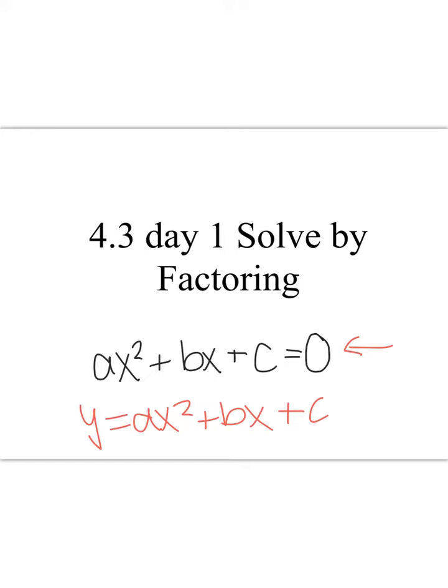Well, when y is 0, I'm going to find my x-intercepts. So if we solve this black equation for x by substituting 0 in for y, we're going to get our x-intercepts. But before we can solve for x, we need to learn how to factor.